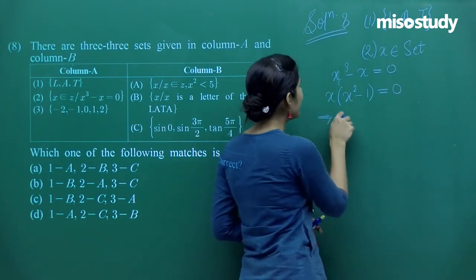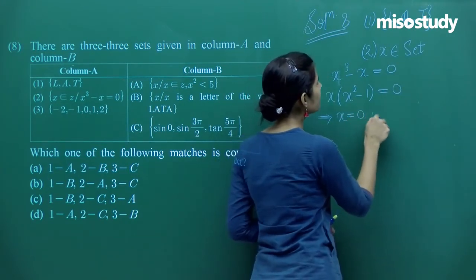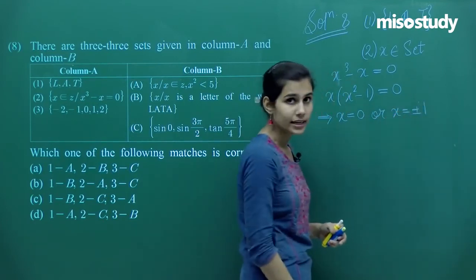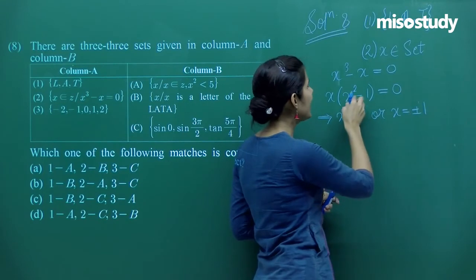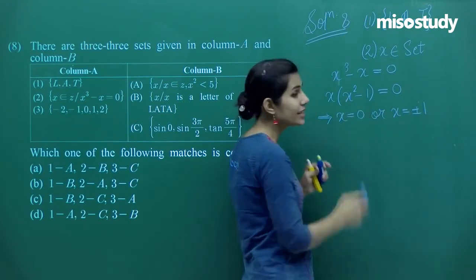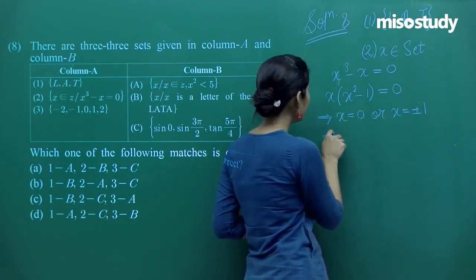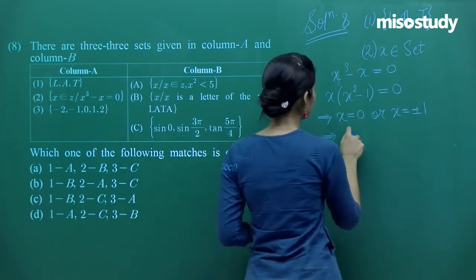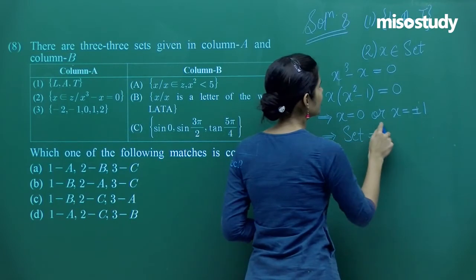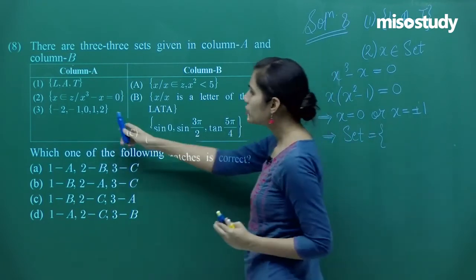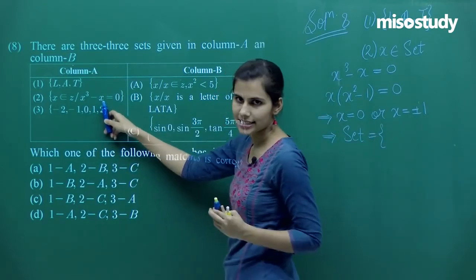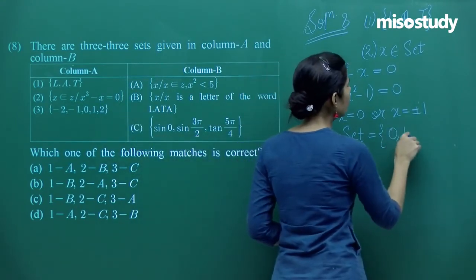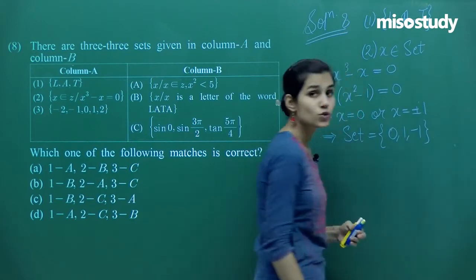This means x is going to be 0 or x is going to be plus minus 1, because only then will x square be equal to 1 and you will get a 0. This implies in this particular set given in the second point, my set is actually all the integral roots of x cube minus x, which are coming out to be 0, 1 and minus 1.